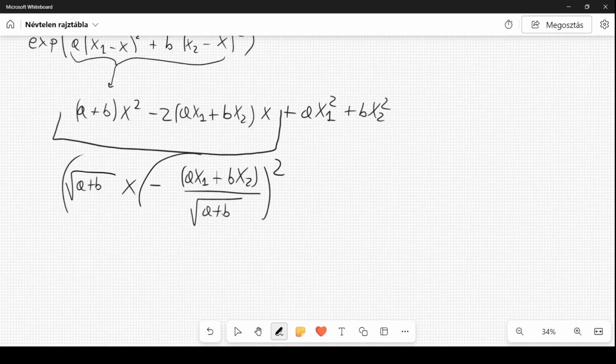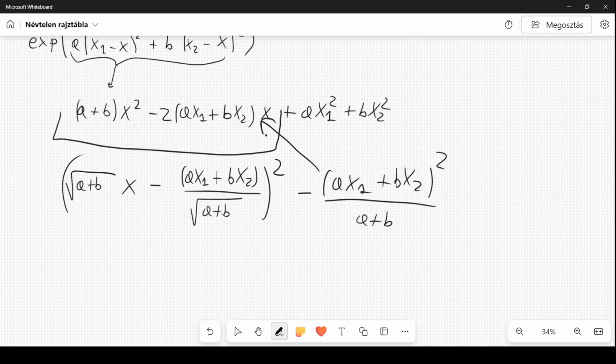And then you also have to square this, but this is a term that does not appear in the previous expression. So we have to subtract (ax1 plus bx2) squared divided by a plus b. So you get back the previous expression.